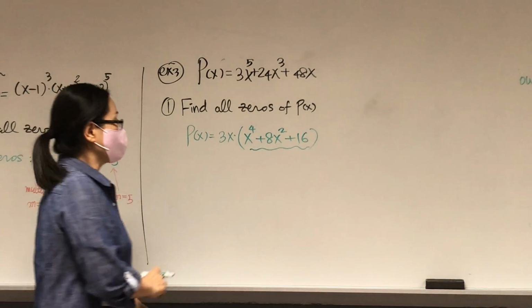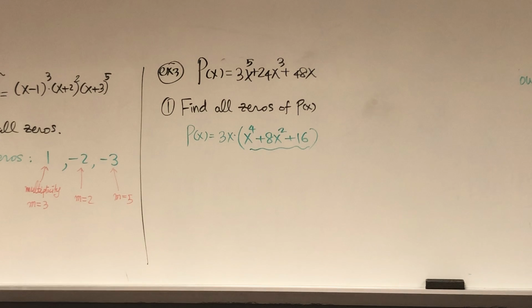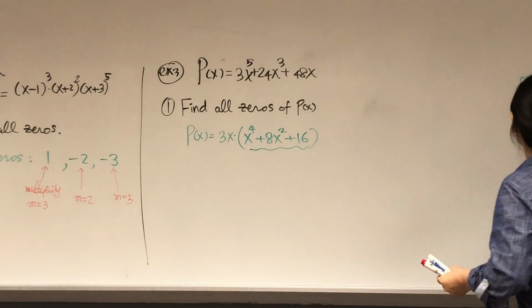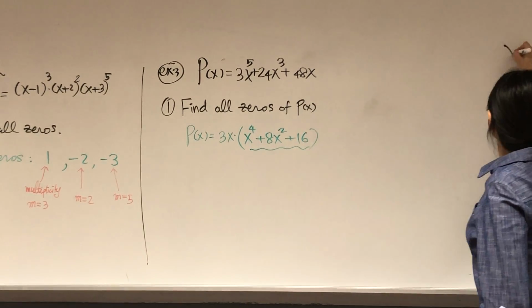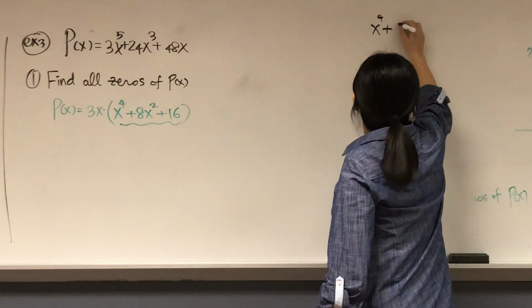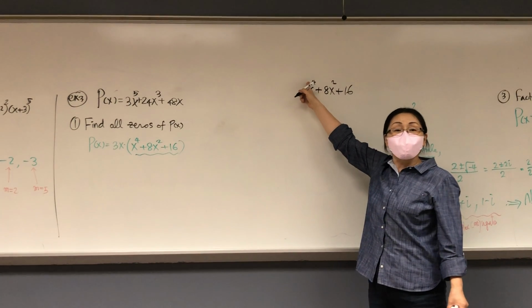You see, in college algebra, maybe I mentioned college algebra more than 50 times. How do we factor this? Here we have only degrees 4 and 2.